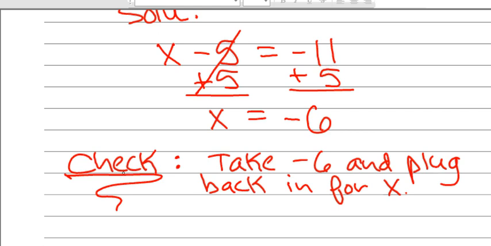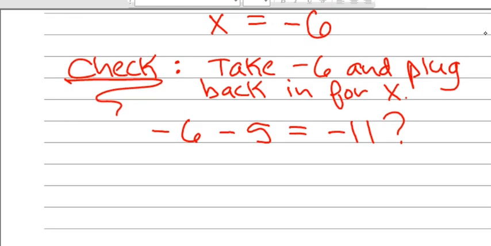So let's check it. Negative 6 minus 5, does that get me to negative 11? I don't know. Let's see. When I have two negatives, remember I'm going to add them together. So negative 6 plus negative 5 does get us negative 11.